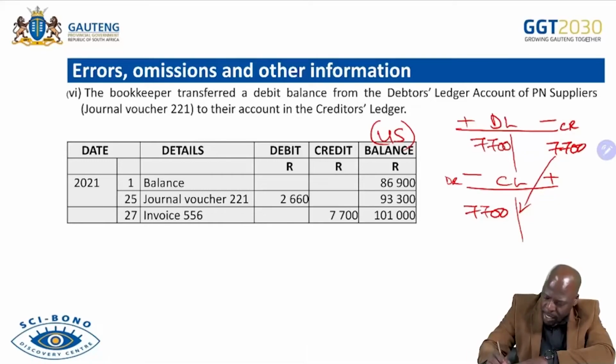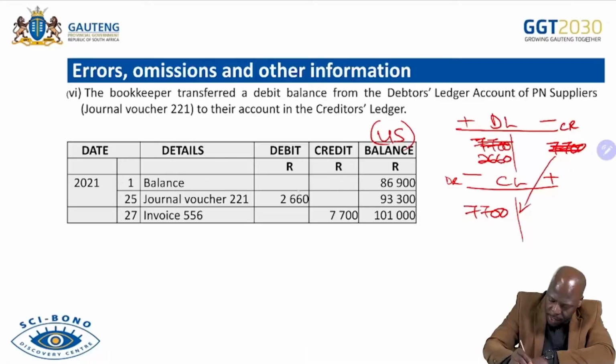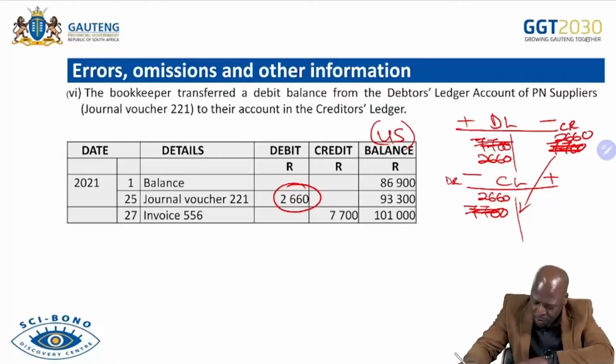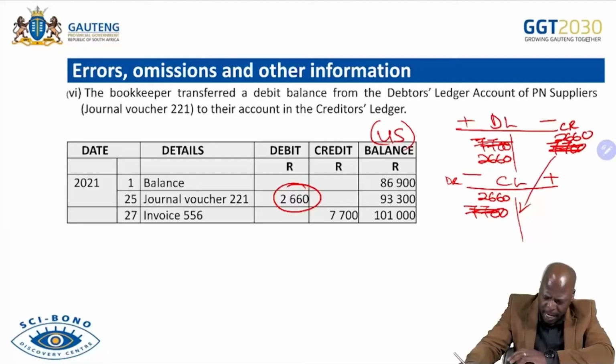The correct amount has to be 2,660, which is here on the general voucher. So you should read, the bookkeeper transferred a debit balance of 2,660 in the debtors ledger account of PN suppliers to the account in the creditors ledger.